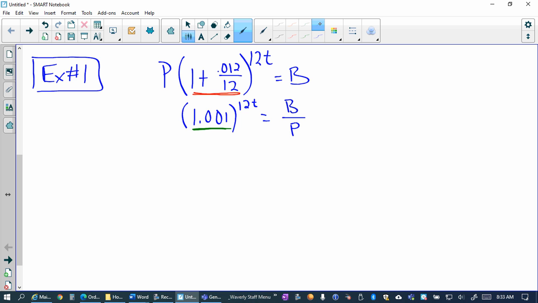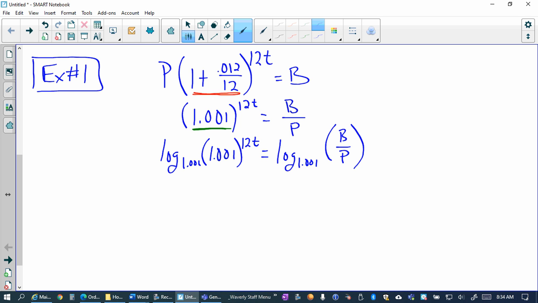So you take the log base 1.001 of 1.001 to the 12t, and the same to the other side, log base 1.001 of b over p.